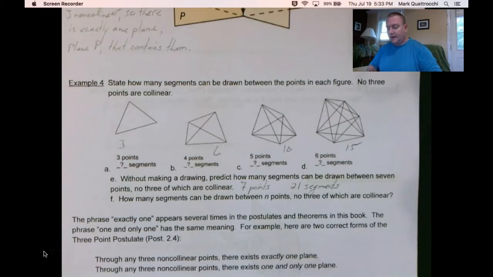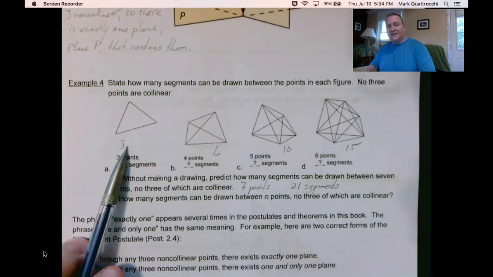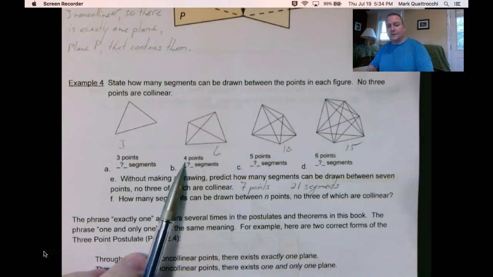Part F, how many segments can be drawn between n endpoints, no 3 of which are collinear? Now we're going to take this to the next level and come up with an expression that will find the number of segments given any number of points. Using your inductive reasoning skills from the last section, we need to make a connection between the 3 and the 3, and the same connection has to work between the 4 and the 6.